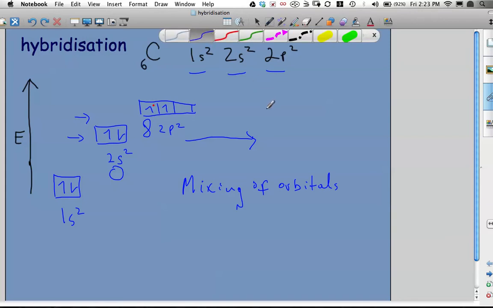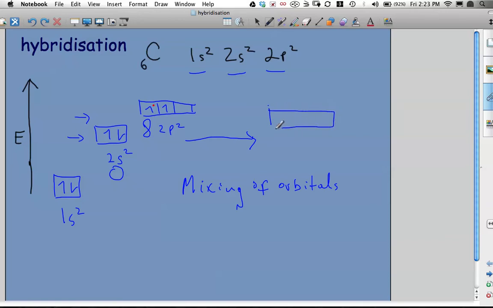So, somewhere in between the p set and the s set, you have another new set. 1, 2, 3, 4. This electron here is promoted to here, and this one is now on its own.